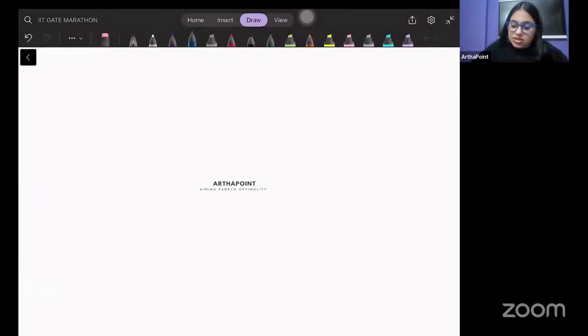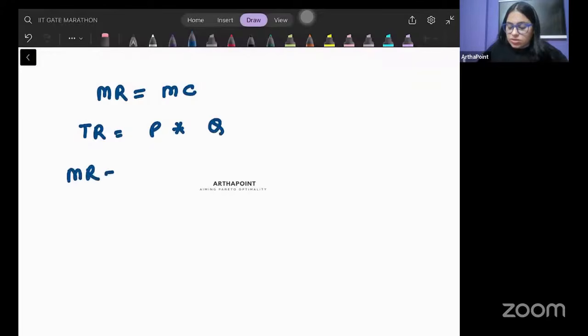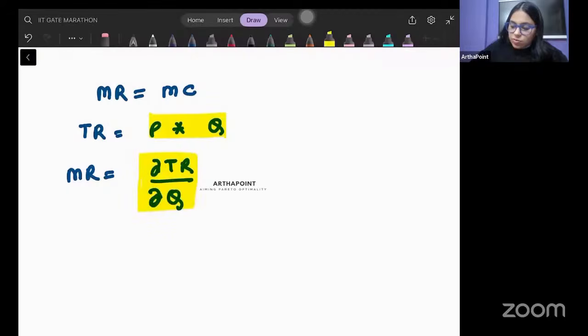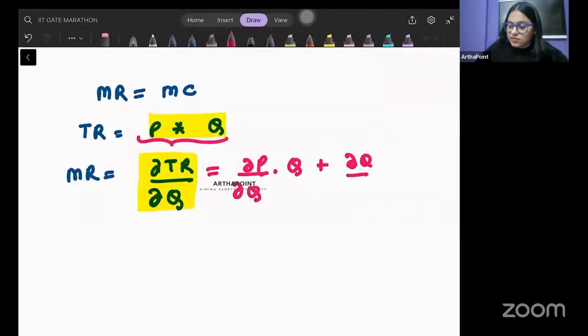So just see here. I know that MR should be equal to MC. Now my total revenue is price into quantity. So marginal revenue is how total revenue changes as quantity changes. You will just differentiate this with respect to Q. Differentiation of first function, second as it is, differentiation of second function, first as it is.